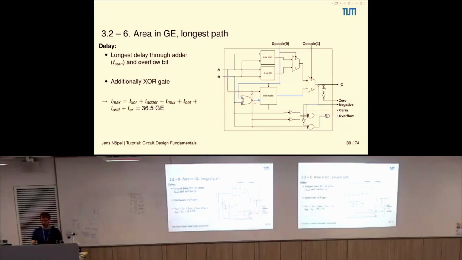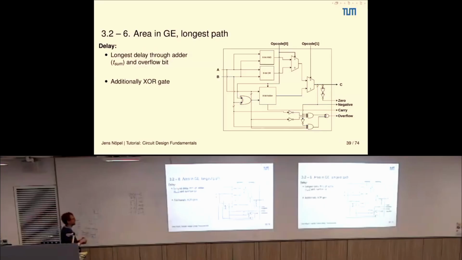Any ideas which one is the longest path? You also have some numbers for the gates, for the adder, for AND and OR, for muxes. So there are numbers already. So which one is the longest path?